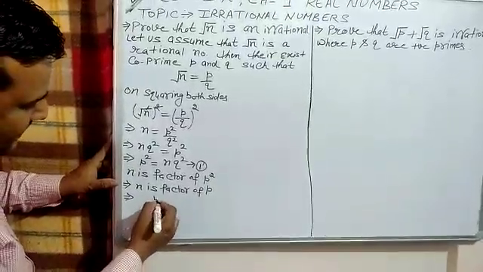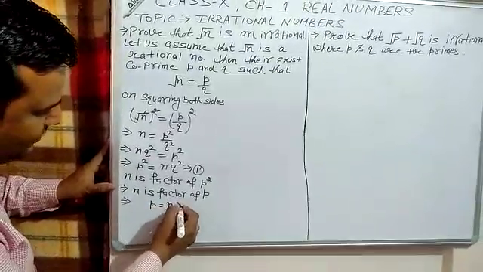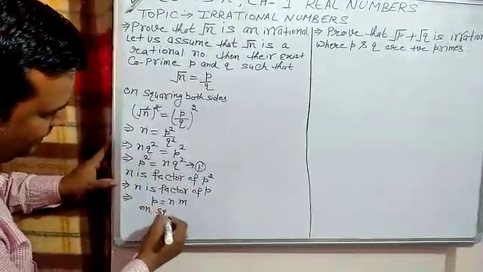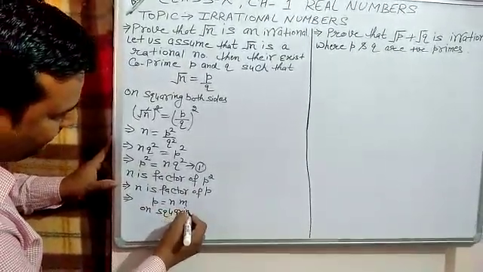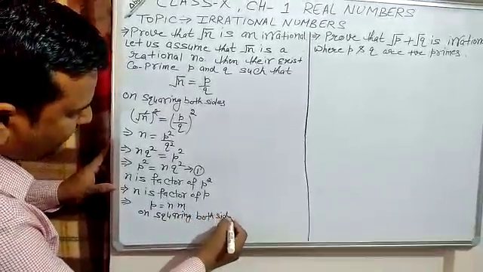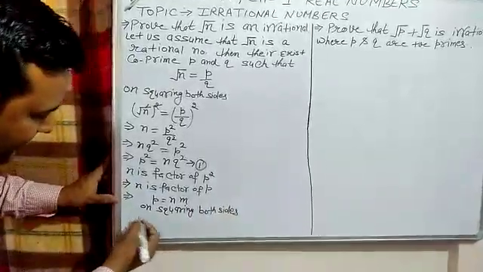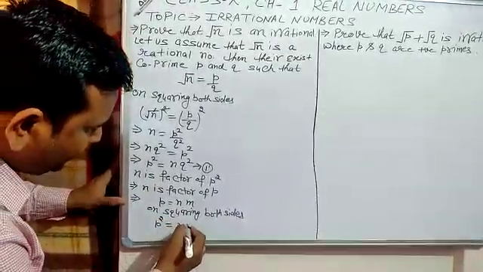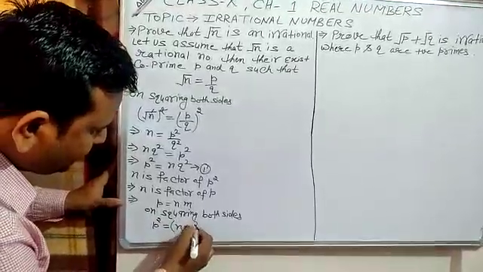It means p is equal to n times some constant m. On squaring both sides, what we get? p square is equal to n m whole square.